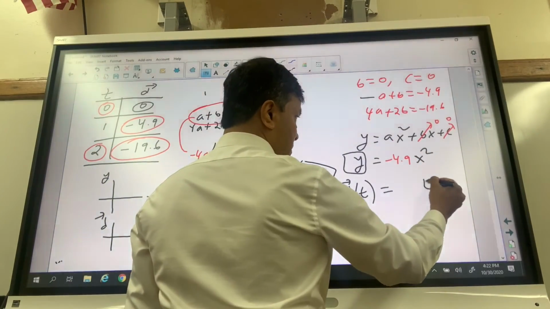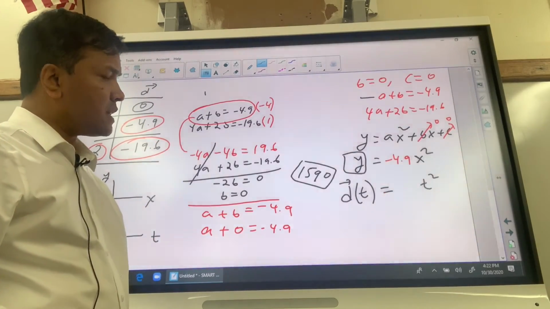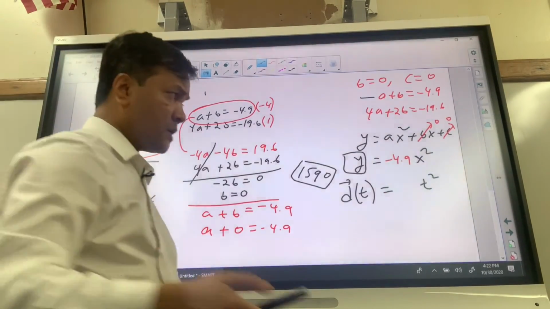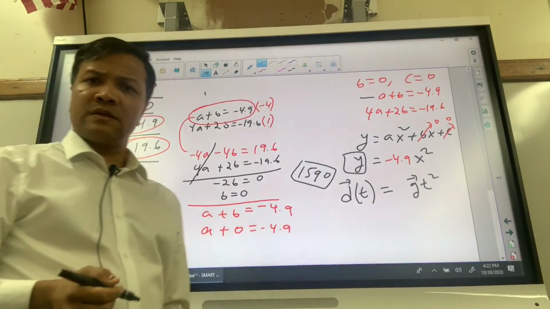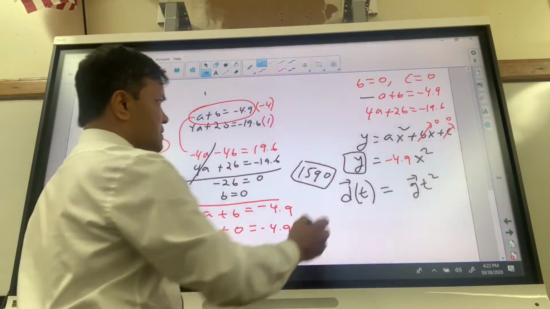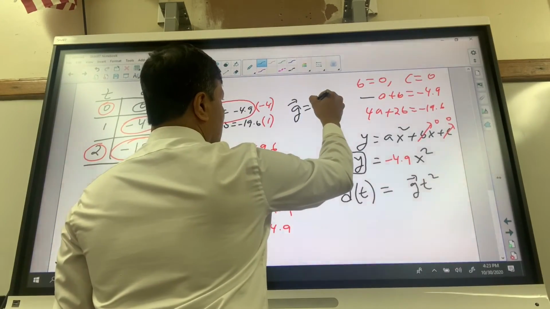So here's the time, which is quadratic, second degree polynomial. And now the gravity, I know that on the earth is negative 9.8. Negative 9.8.